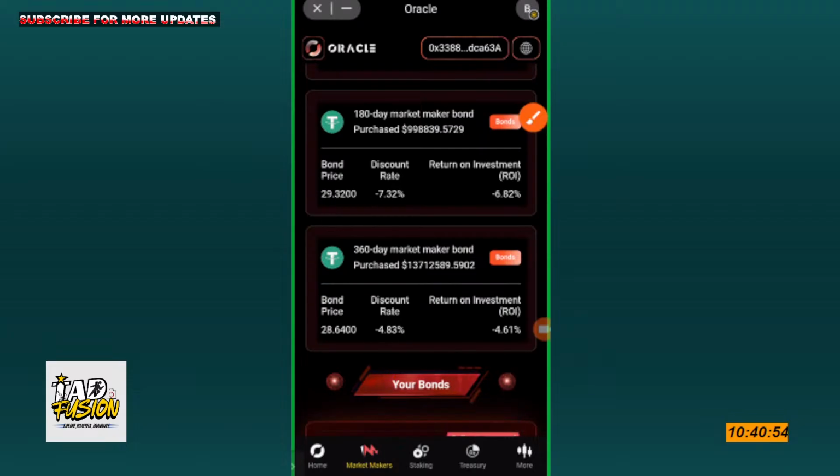What are the market makers doing? Market makers, in the language of DeFi, decentralized finance, is what we call liquidity pool staking. When I talk about liquidity, liquidity means storing a cryptocurrency in a pair.